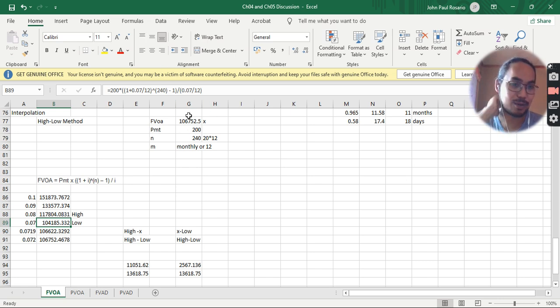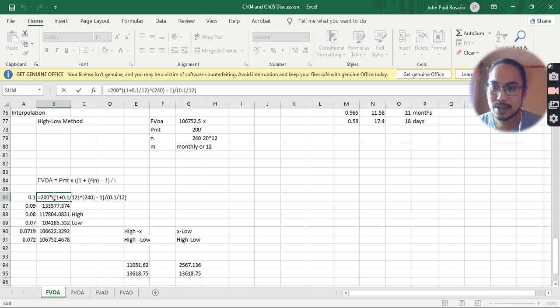So this is our target. So we're trying to guess which interest rate will shoot at 106. So our payment here is 200, multiplied by 1 plus 0.10 over 12 raised to the power of 240 minus 1 over 0.10 over 12.